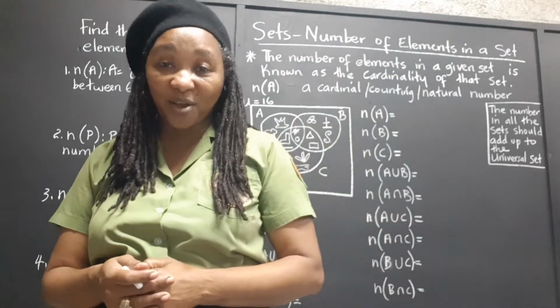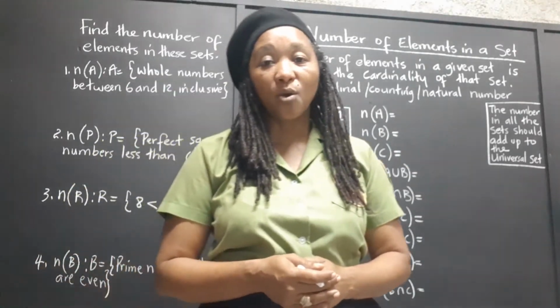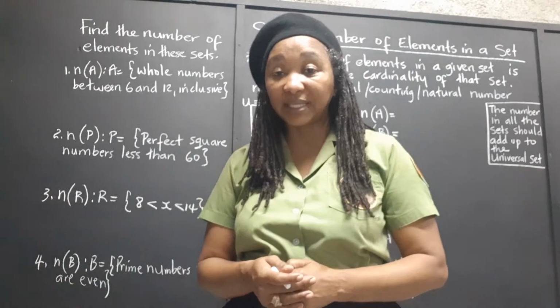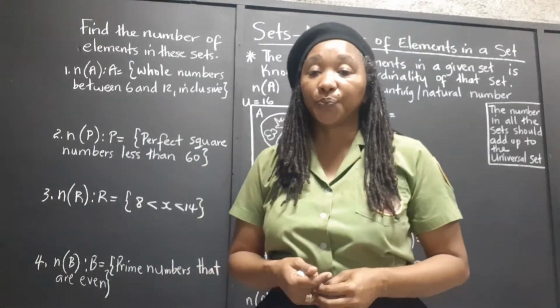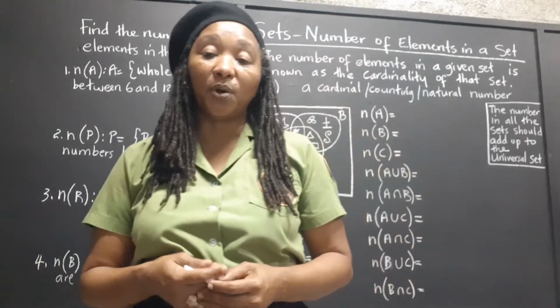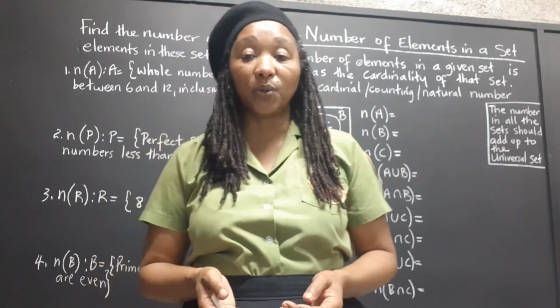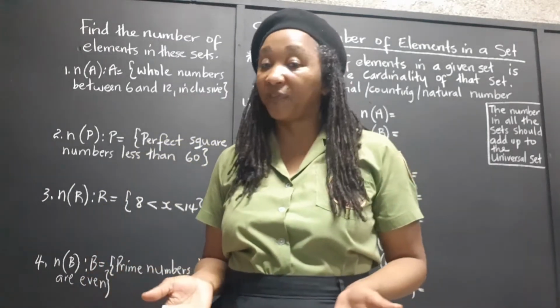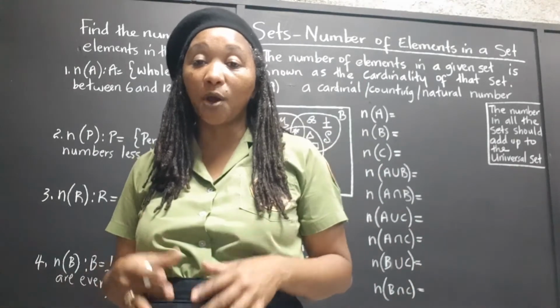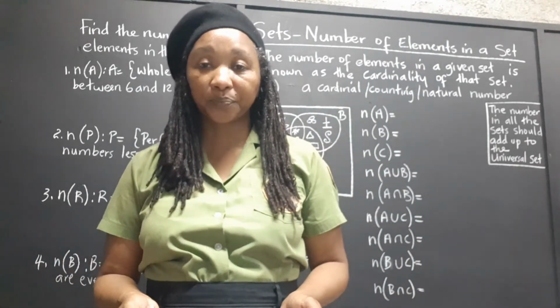So let's go. We're looking at the elements in a set. When we're talking about sets, of course, we're talking about a collection of items that share some common traits.